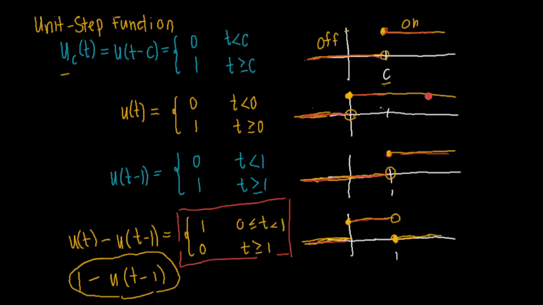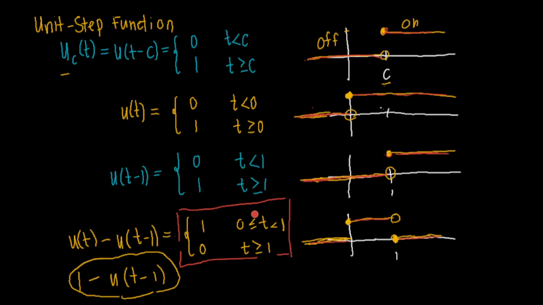And at t is greater than or equal to 1, we have our u of t is 1, and our u of t minus 1 is also 1. So meaning 1 minus 1 is 0. Now the resulting function is a square wave.